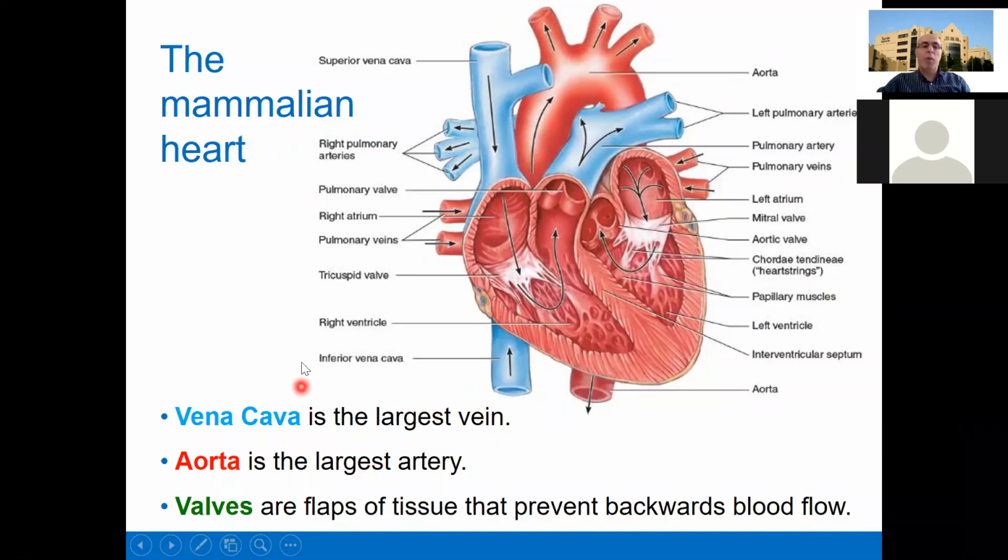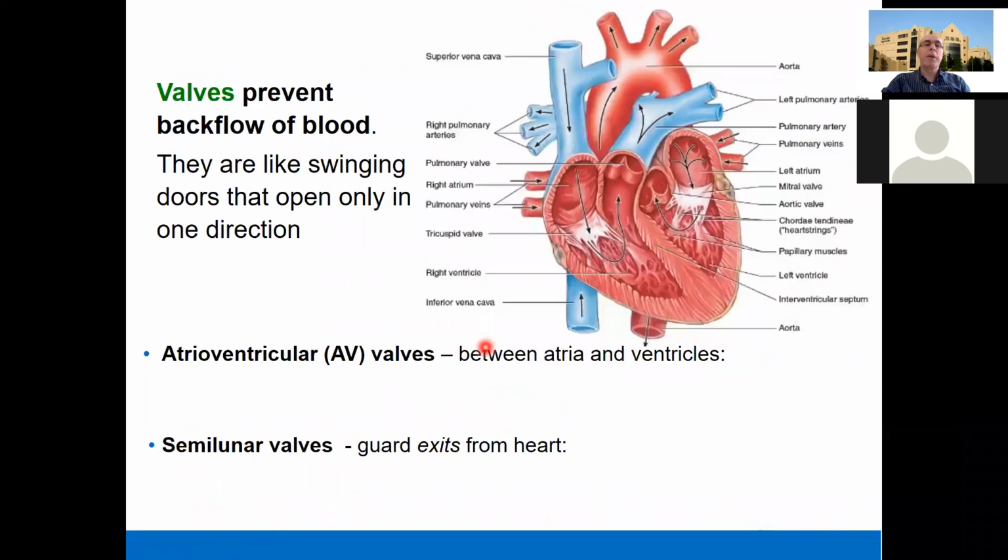We also have valves, which are flaps of tissue that prevent backward blood flow. They are like swinging doors that open only in one direction, and we have 4 important valves in our heart.